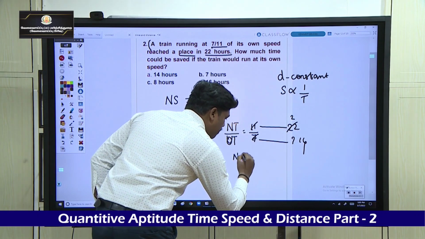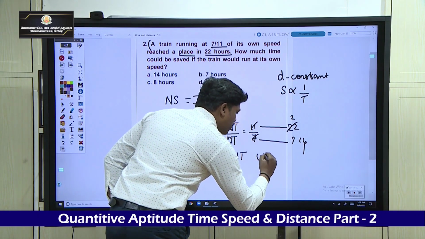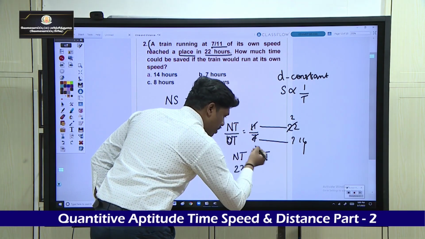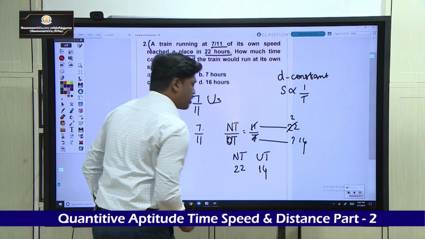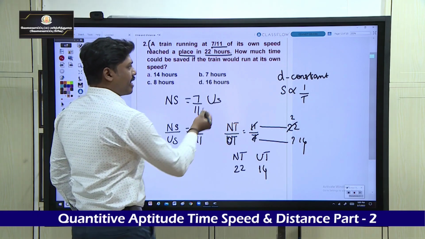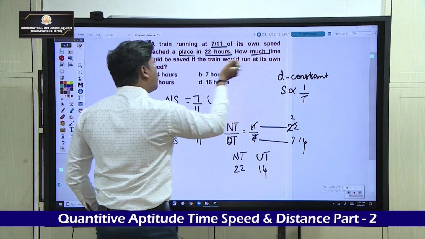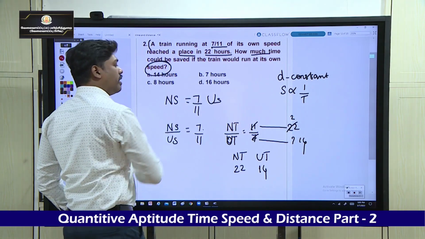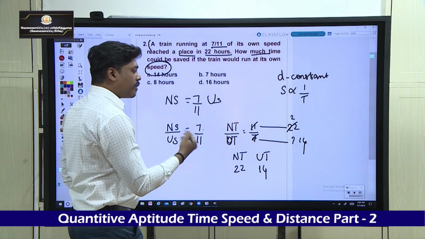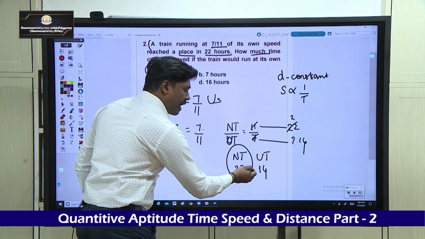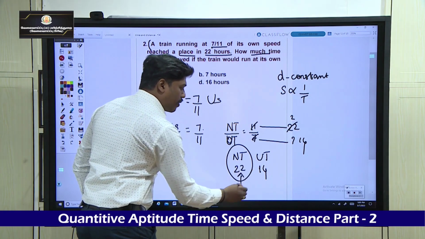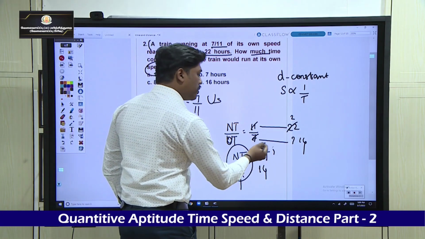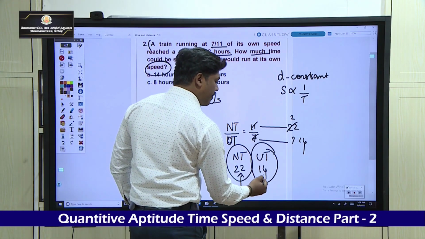So new time to usual time. New time is 22 hours. Usual time is 14 hours. The question asked here is, how much time could be saved if the train runs at its own speed? If the train is running at new speed, the time is 22 hours. If the train is running at usual speed, so usual time, which is 14 hours.